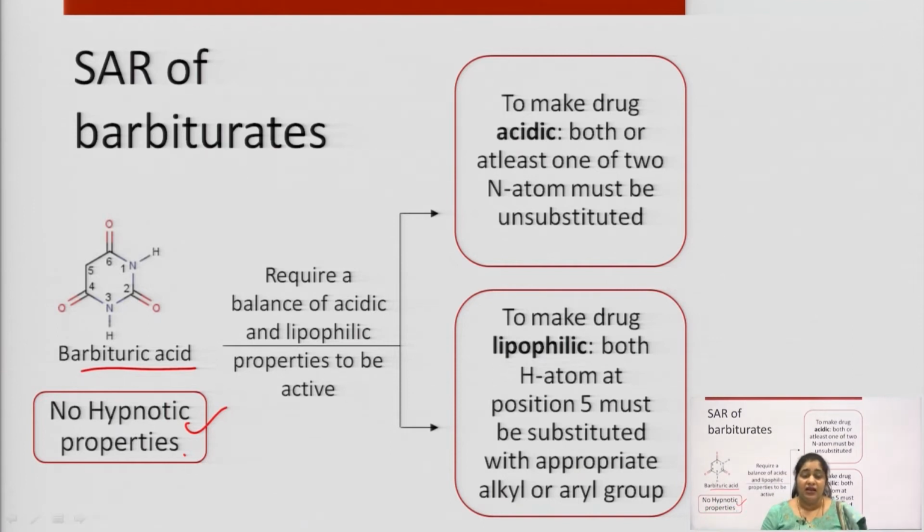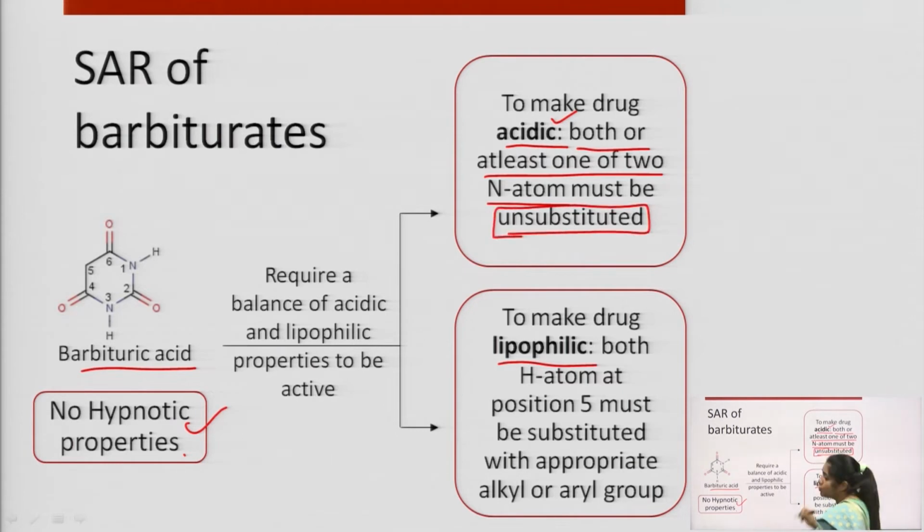It should have the right balance of acidic as well as lipophilic property to be an active compound for hypnotic and sedative activity. First, acidic. To make a barbituric acid derivative acidic, we should keep this in mind: either both or at least one of the two nitrogen atoms must remain unsubstituted.